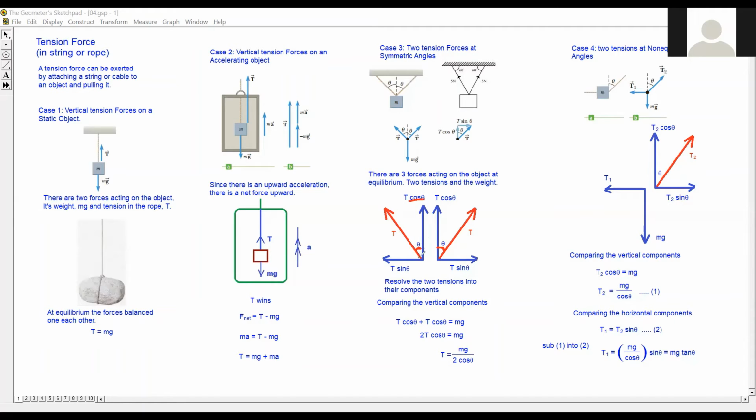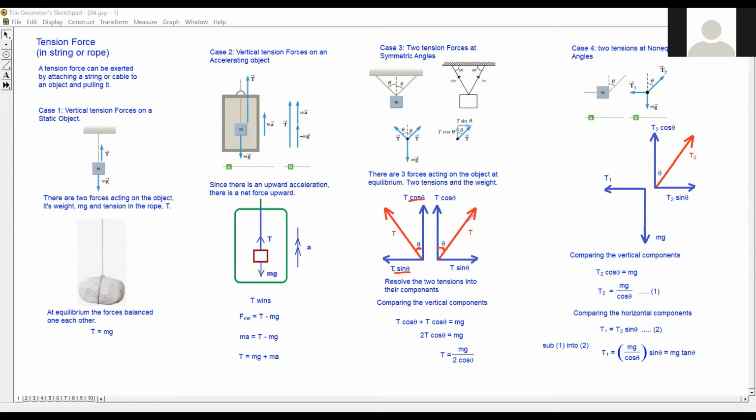The horizontal component, which is not adjacent to the angle theta, you see, there's no theta here, so it is not adjacent, this component is T sine theta. So when you resolve the red arrow into the two blue components, this red arrow no longer exists. It is replaced by the two blue arrows.